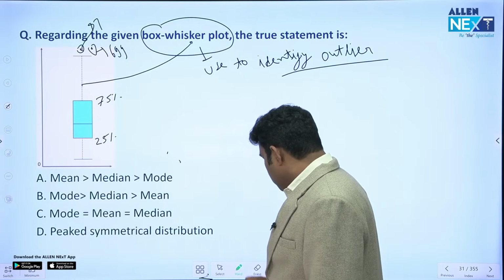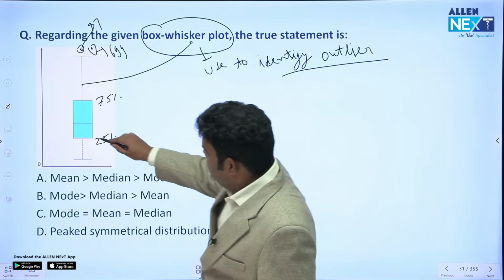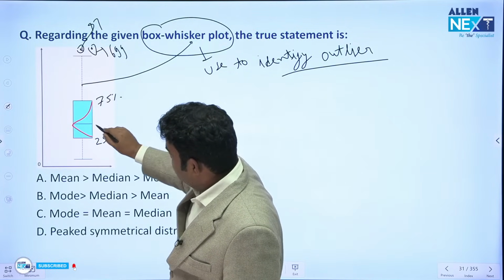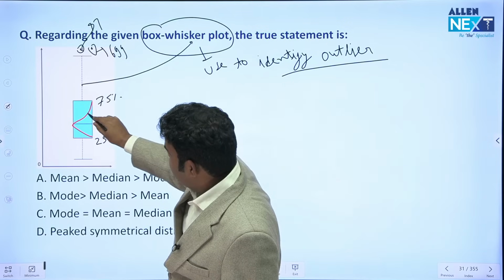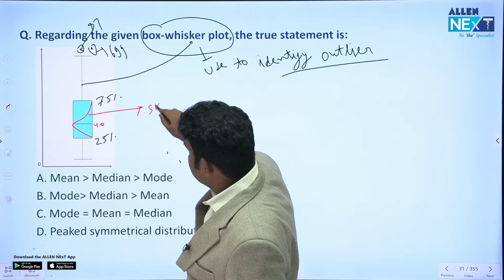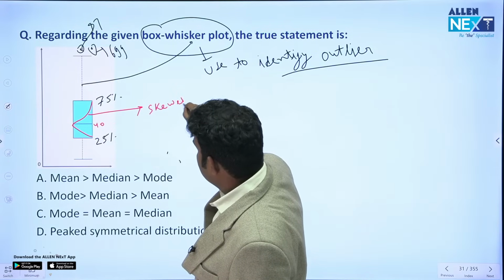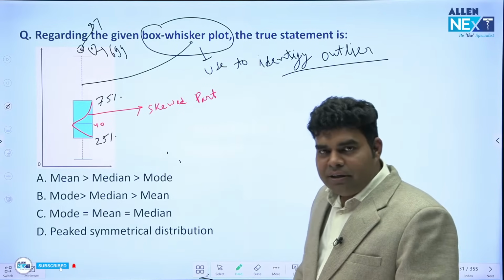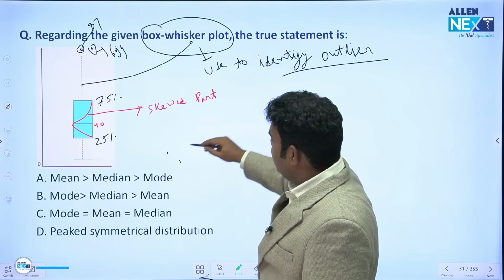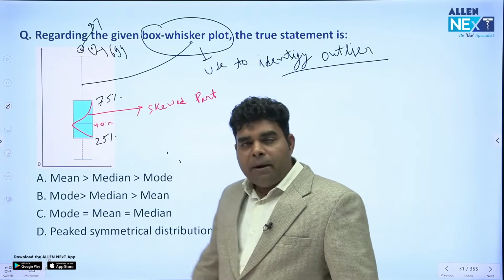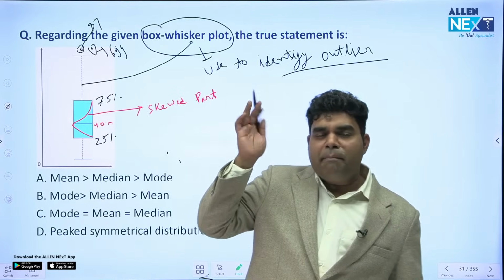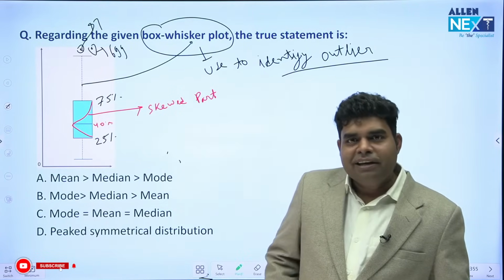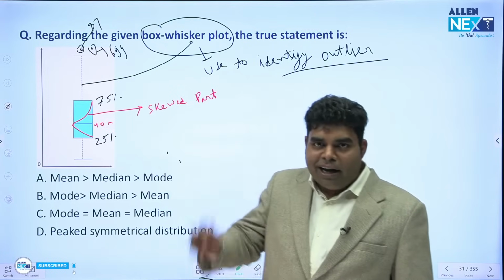If you draw a curve here, the straight part is like this, and this part will be skewed. Between 40 to 75, this is the skewed part. Skewed का मतलब होता है खिंचा हुआ, टेढ़ा, लंबा. So the skewed part is between 40 to 75. And are 40 to 75 bigger numbers or smaller numbers? As compared to 25 to 40, 40 to 75 are big numbers, na?